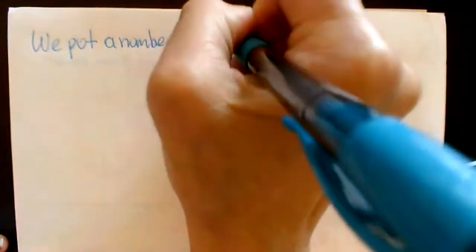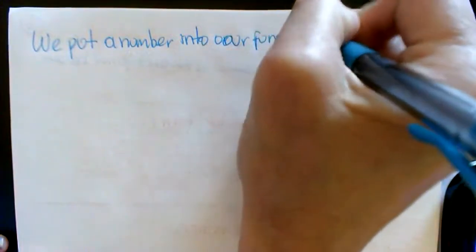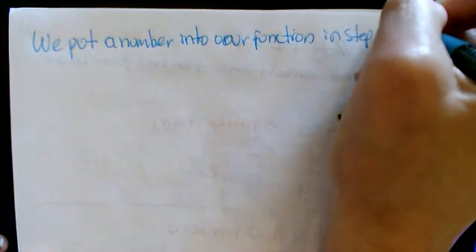So I'm going to write that down for you guys, what we just did there. First, we put a number into our function. That's what we did in step 1.